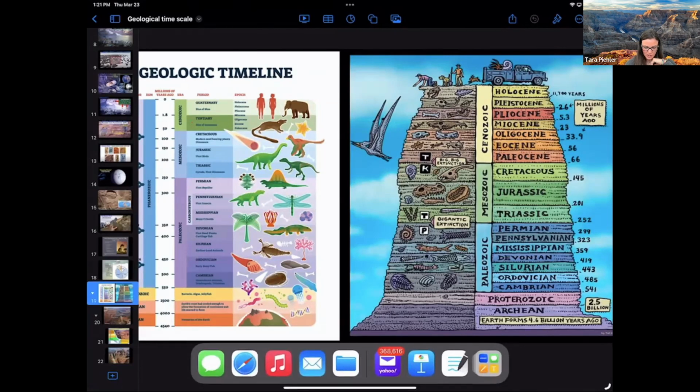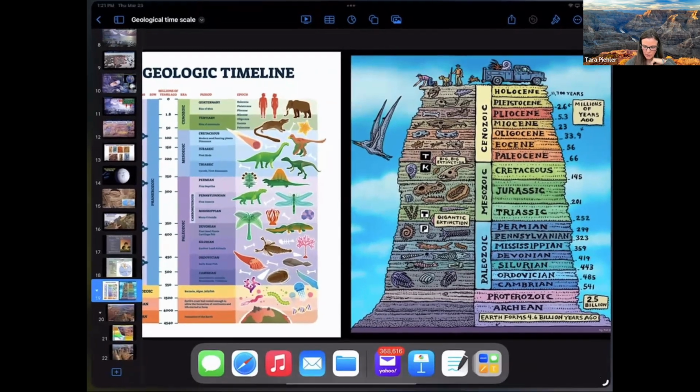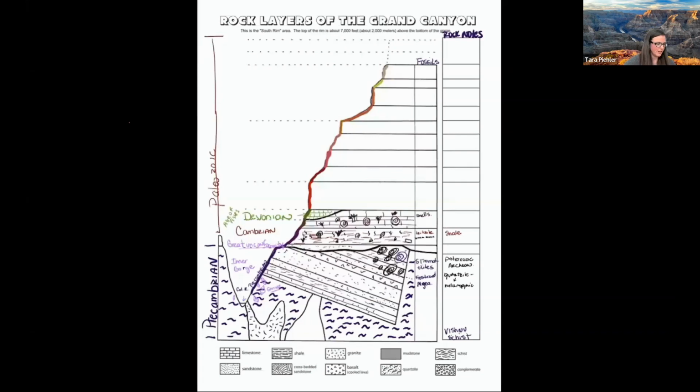All right, our next section is the Carboniferous. These two layers, one is going to be called the Mississippian, and what a lovely long name, and the Pennsylvanian.